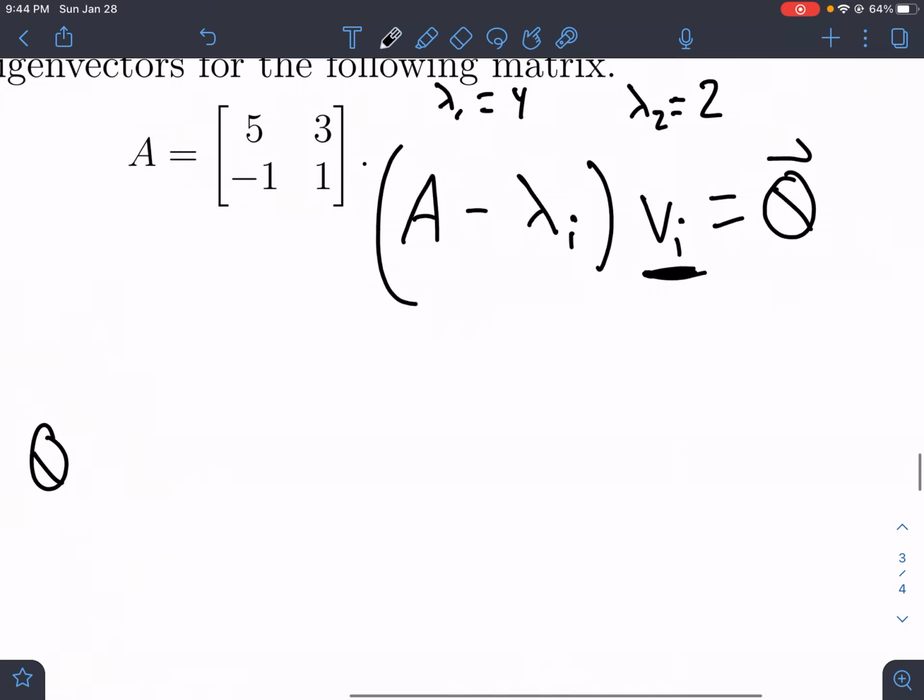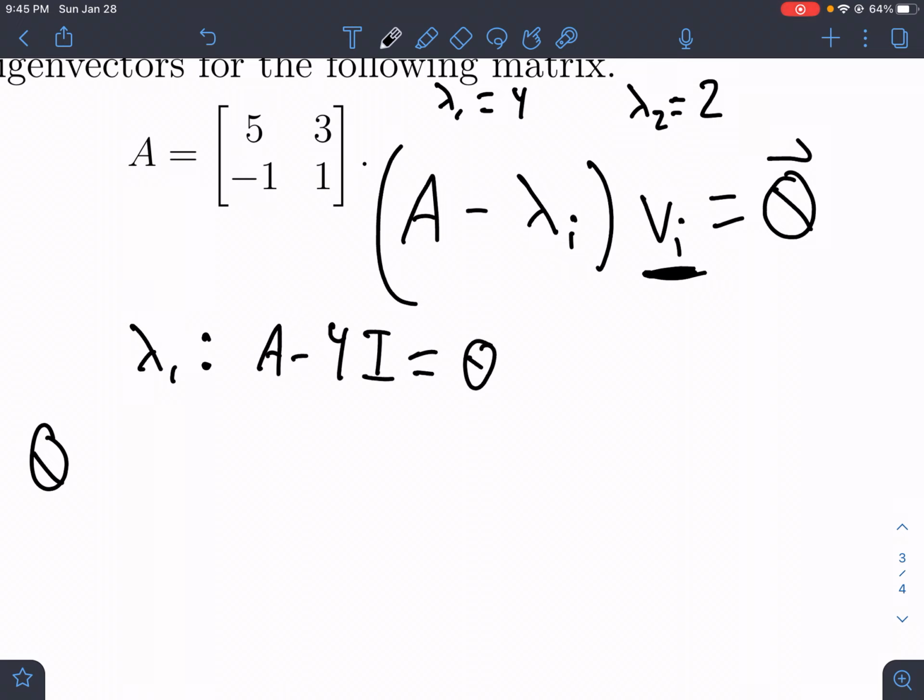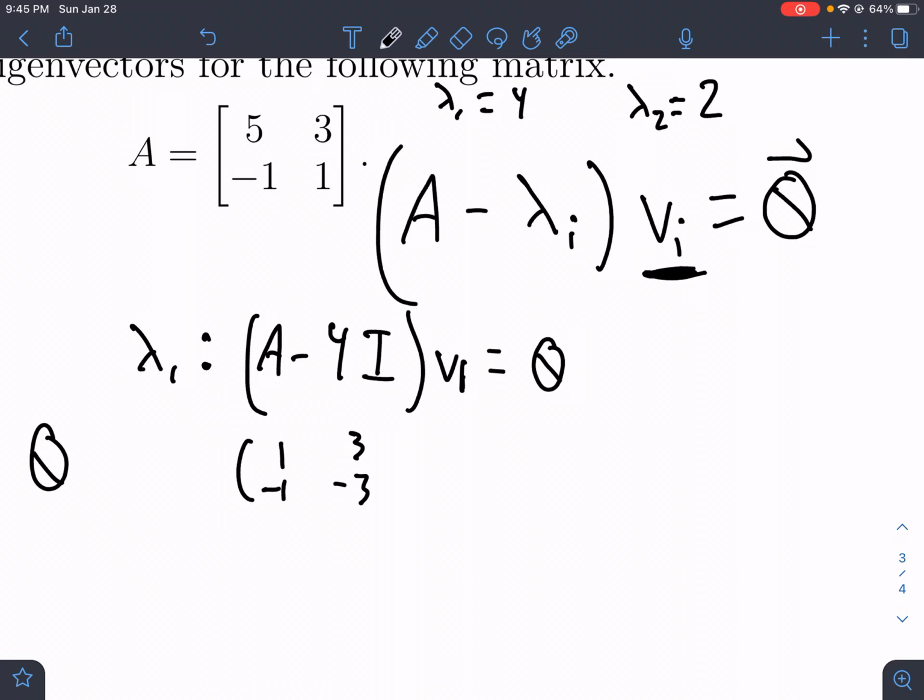All right, so for lambda 1, we're going to solve. So we take A minus 4I times V equals 0, or, sorry, forgot the vector. So we plug them in. [1, 3; negative 1, negative 3] times V1 equals 0.